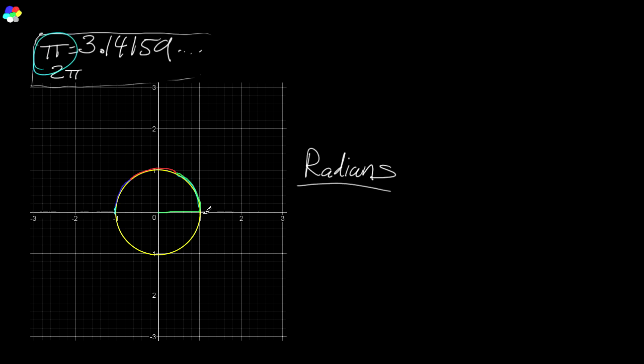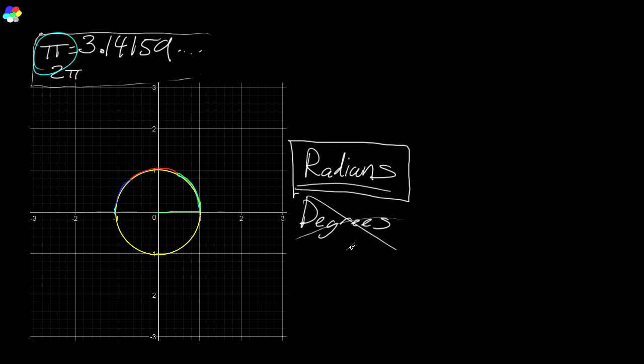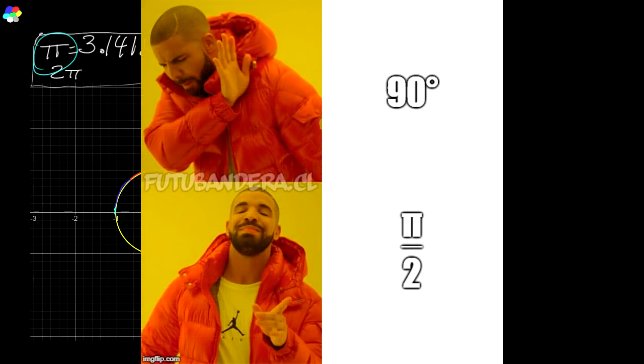Because it's part of the radius. How many radiuses do you go around the circle? That's your radians measure of angle. Degrees are for the uncivilized, unwashed masses. And if you use degrees, you are a savage. Don't at me. Radians are the civilized human being's way of talking about angles.